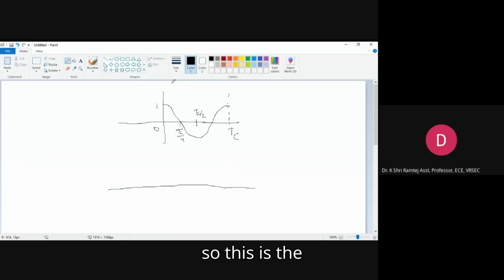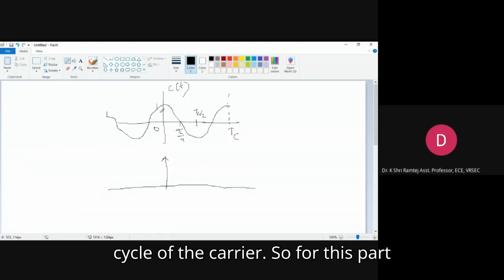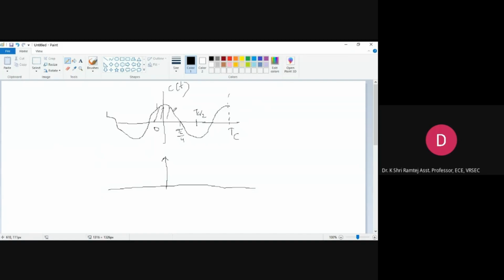Now if we take this periodic signal Gp of t, this is the carrier signal. If we plot this Gp of t, the carrier will be like this. As I said, for the positive half cycle of the carrier, for this part, Gp of t should be 1.